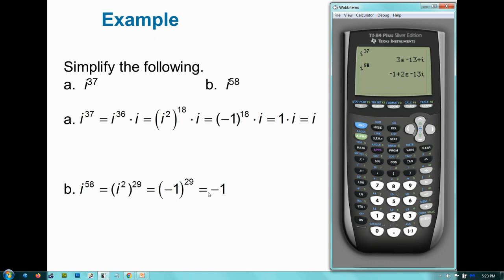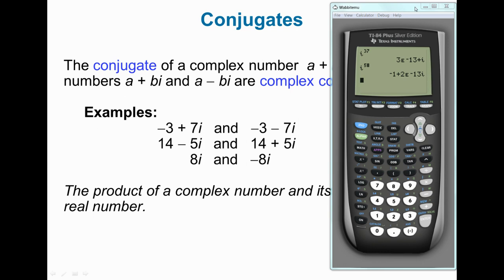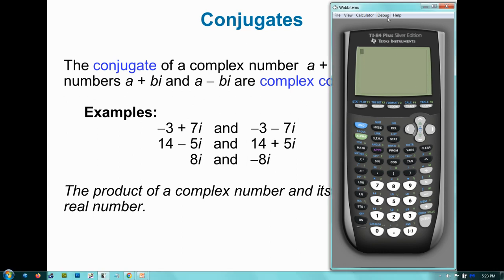All right, we know the answer is simply -1, just like we knew up here. The answer was i. I just ignored the portion that had this letter E in it, and I wanted the other part. That was all by itself. Sometimes it's to the right. In this case here, this one was to the left, the part that I want. I wanted to ignore everything after the plus sign. Okay, let me clear this off.